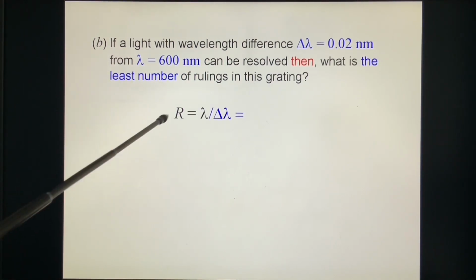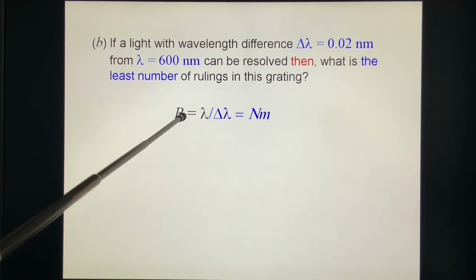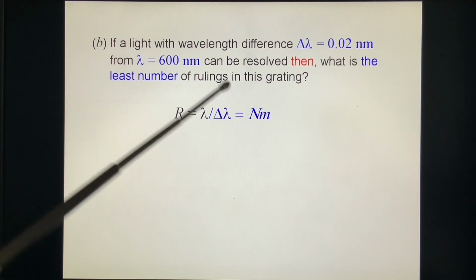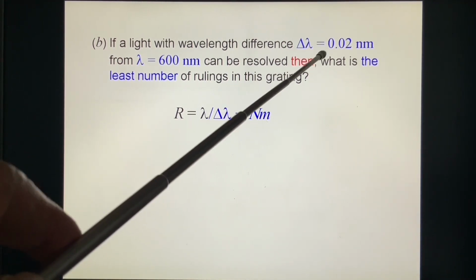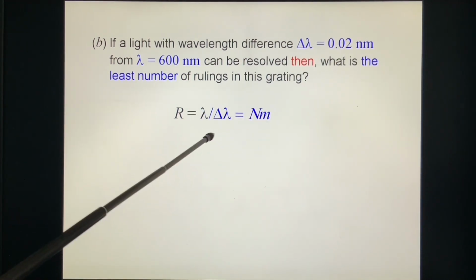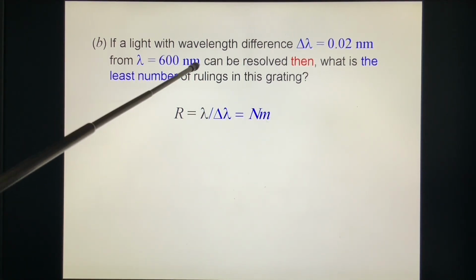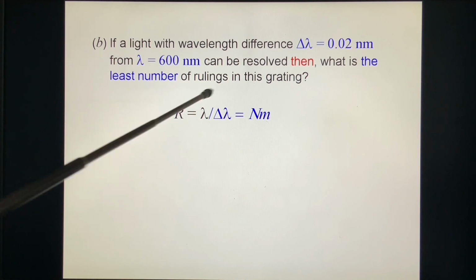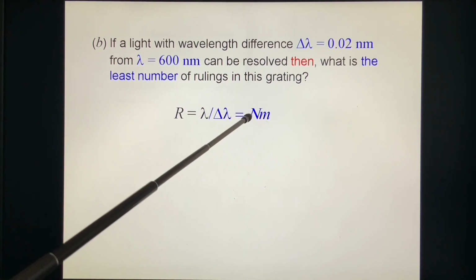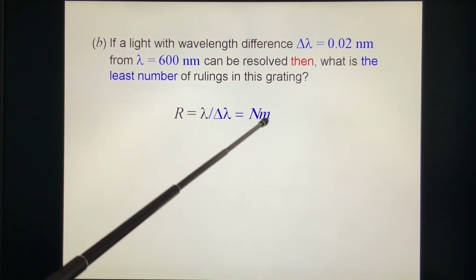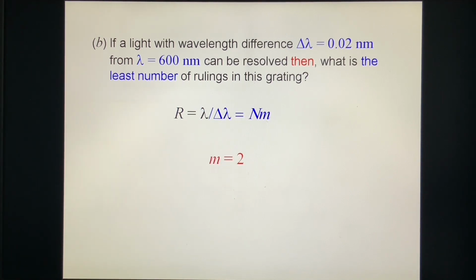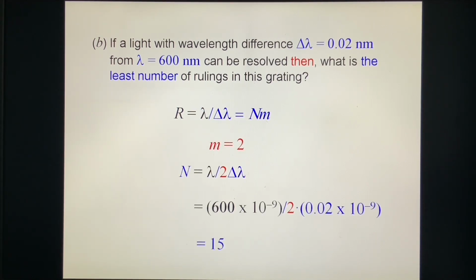Now we use the definition of resolving power: lambda over delta lambda, where delta lambda is 0.02 and lambda is 600 nanometer, equals N m. M equals 2, so we can find N. This N is 15,000.